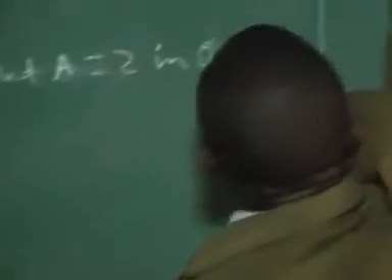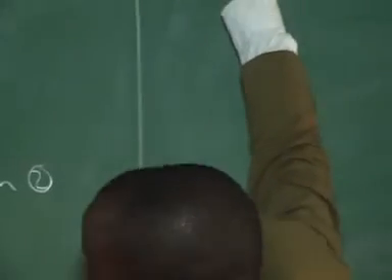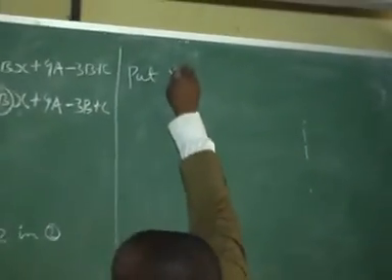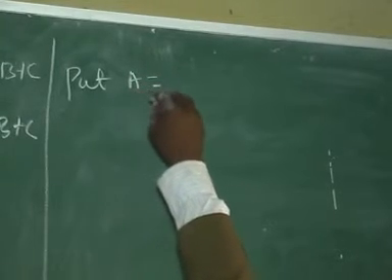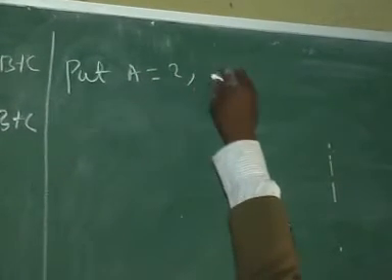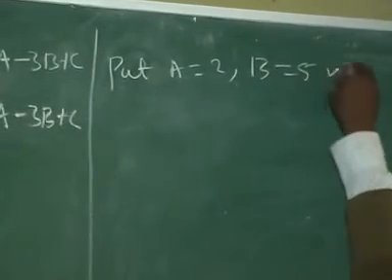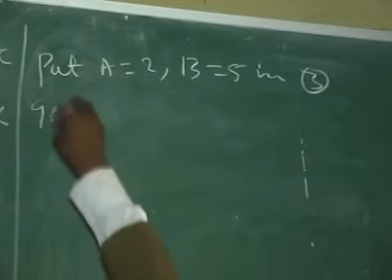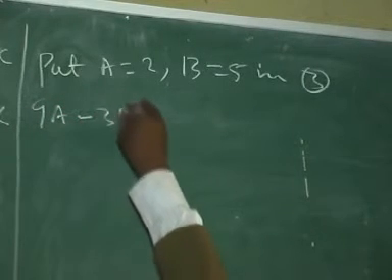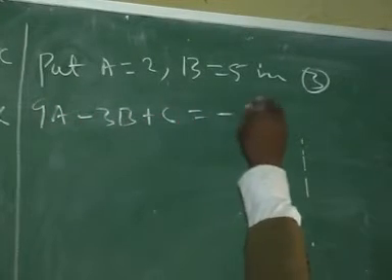Now we put a is equal to 2 and b is equal to 5 in equation 3. Remember 3 says that 9a minus 3b plus c is equal to minus 5.